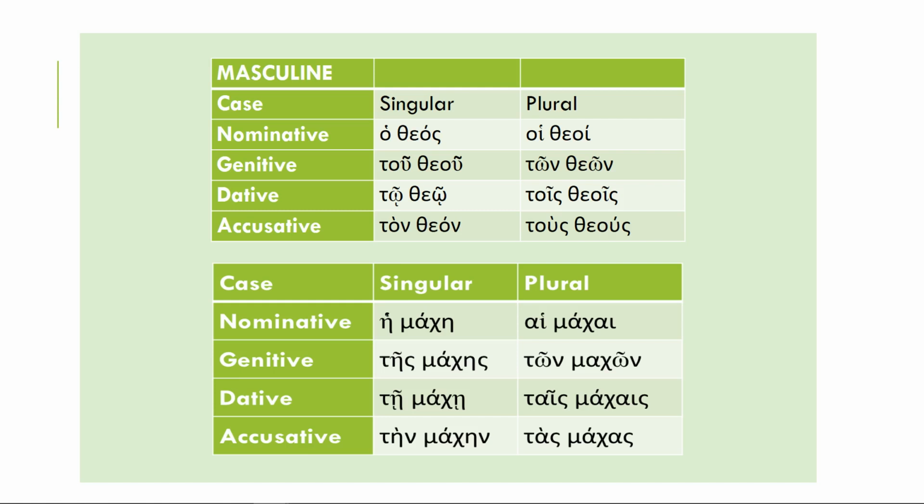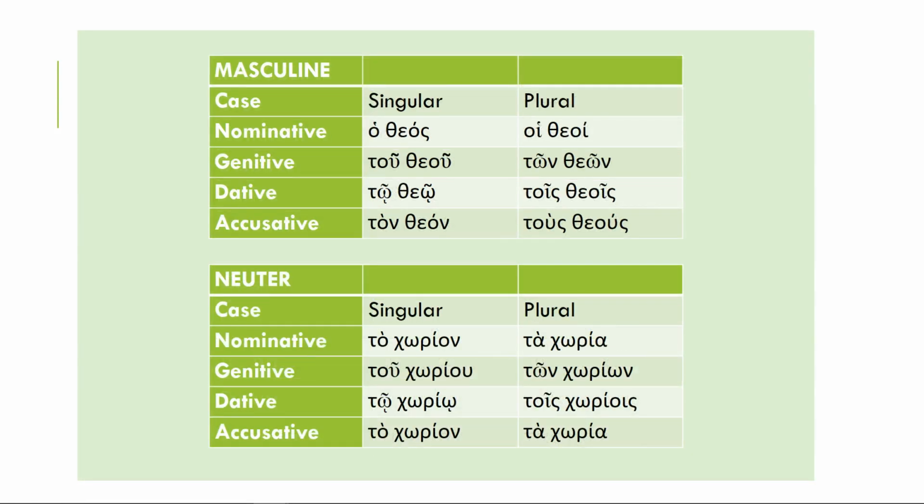What about the neuter? Remember the rules about the neuter. They differ from the masculine in nominative and accusative, but the forms within the neuter are the same in the nominative and accusative, singular and plural. And so we get to in the singular and ta in the plural. And instead of ending with omicron sigma in the nominative, we get omicron nu.